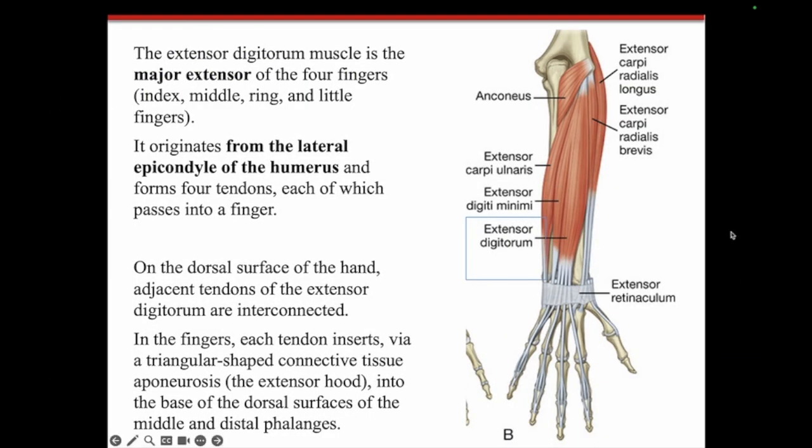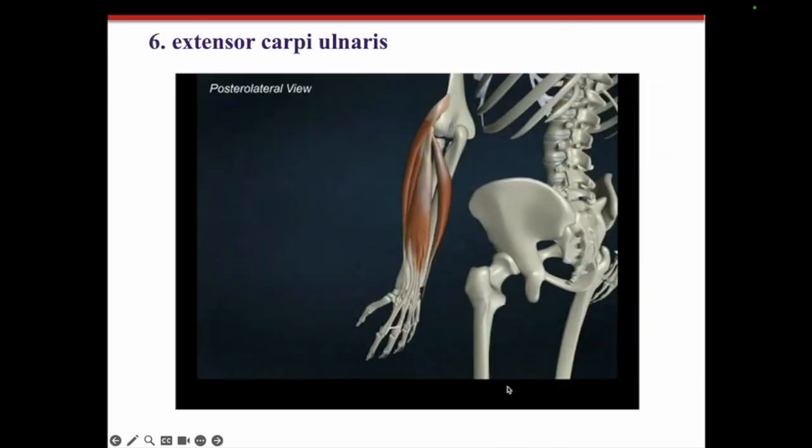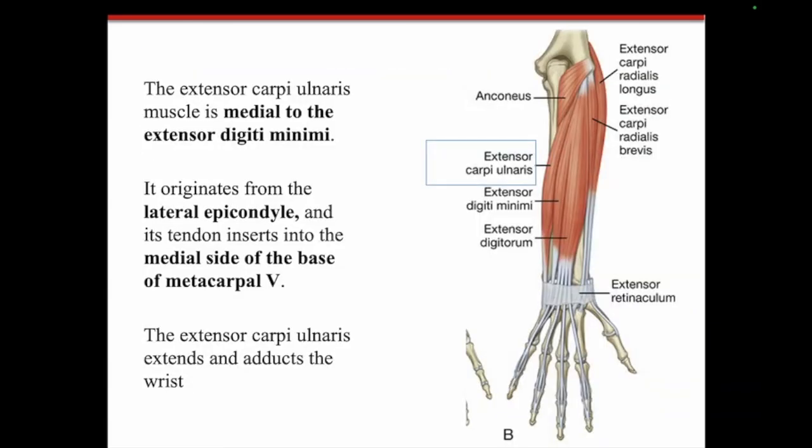and the digitorum, which goes to the 4 digits, and the minimi, so the little finger gets 2 tendons, because there's one from the extensor digitorum and another one from the extensor digiti minimi. And the carpi ulnaris, don't forget that adducts and extends.